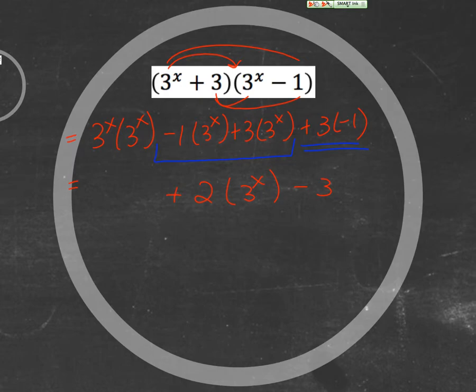And then when I multiply these out, I have 3 to the 2x because remember we have to add up x plus x. Are we okay on all the steps?